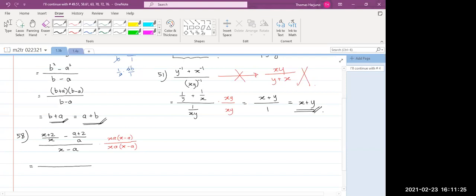Now this guy multiplied by this, we will cancel the x, so we will get a times x plus 2 times x minus a.